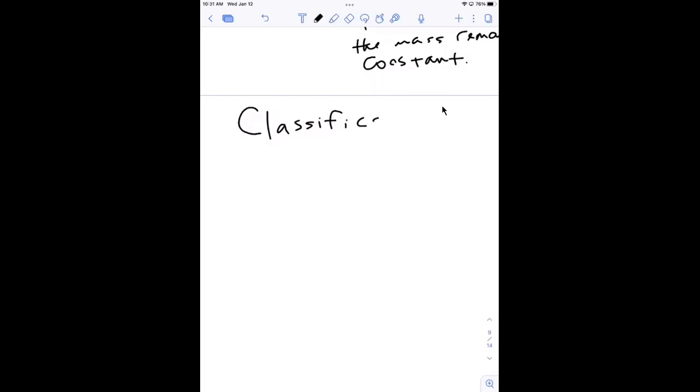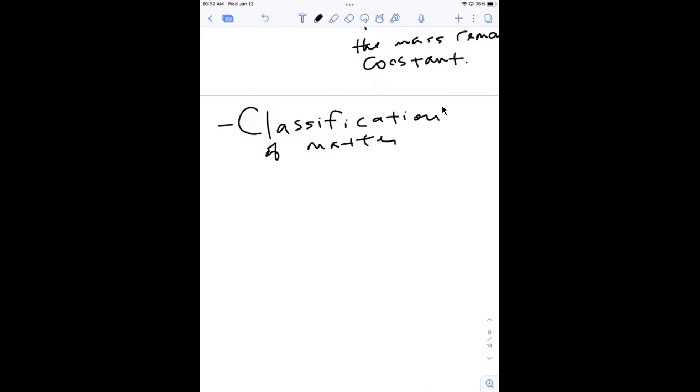All right. So now let's talk about matter classification. We're basically going to talk about two classifications of matter: pure substances and mixtures.